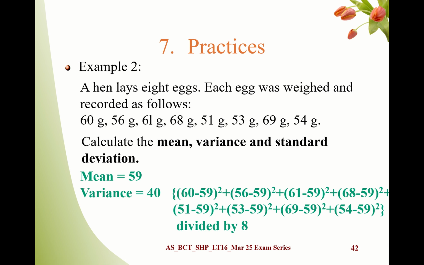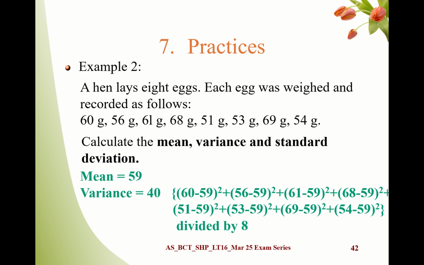So please take note of the difference between population and sample. In this case, it is a population because the hen lays 8 eggs, and all the eggs you go and weigh. So this is complete testing, a complete inspection for the weight.